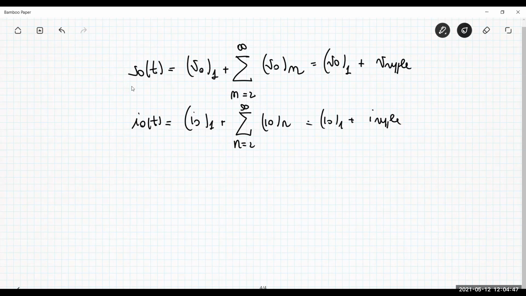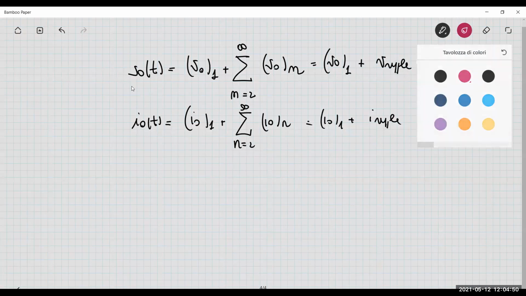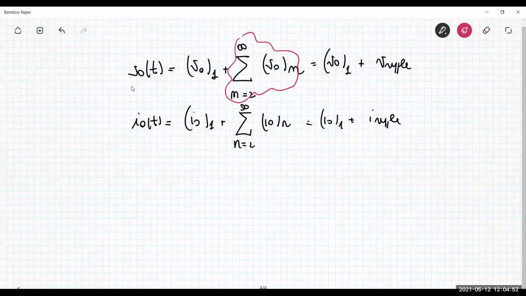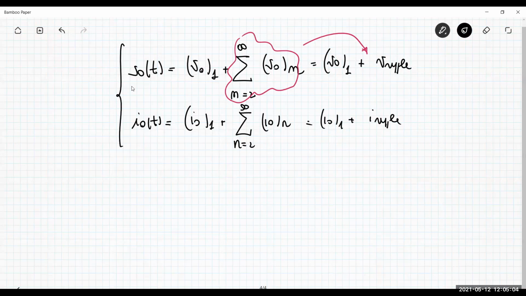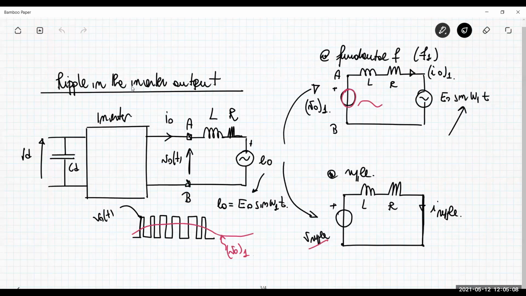The ripple includes the contribution of all high order harmonics that you can have in the circuit, in the voltage or in the current. So what about, for example, the current ripple here?